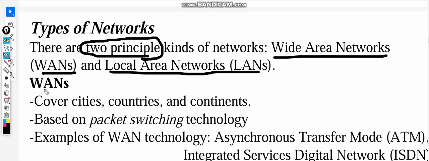What are WANs? WANs cover cities, countries and continents. So a large area is covered under a WAN.